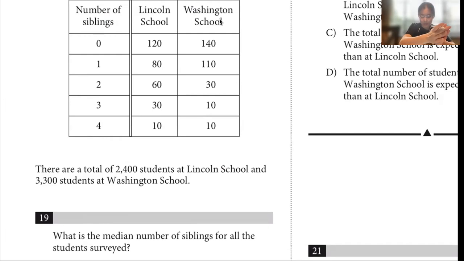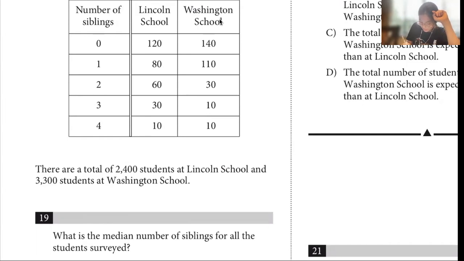Does that make sense to you guys? If 1 out of 300 is 8, then 10 out of 300 must be 8 times 10, right? Because 1 accounts for 8 for the Lincoln School, at least. So we're going to do 8 times 10, which is 80.